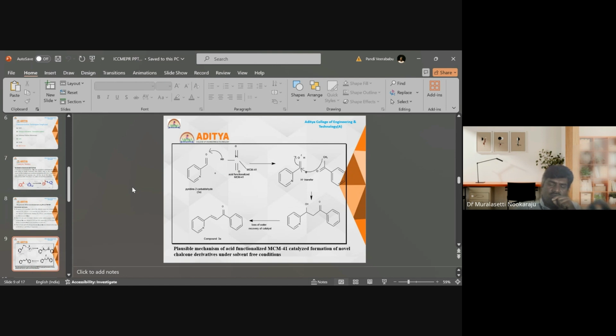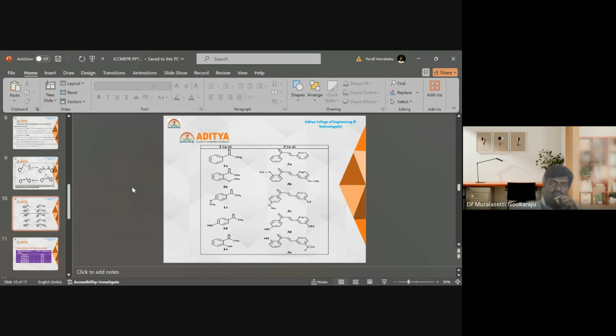The advantage of this methodology is that it is eco-friendly, solvent-free, room temperature, low temperature synthesis, which is a main objective of green chemistry. And these are the reactants and the products as per the criteria.